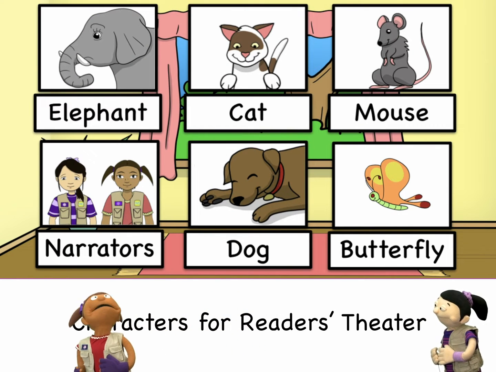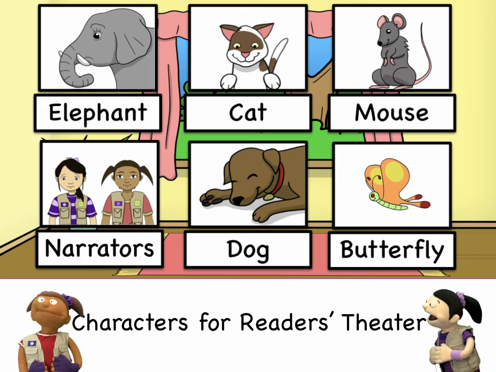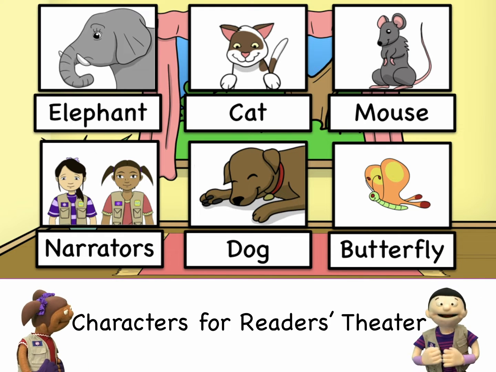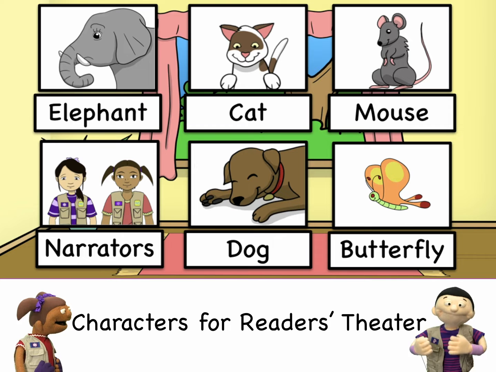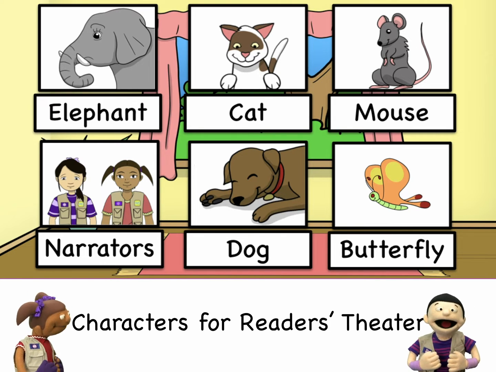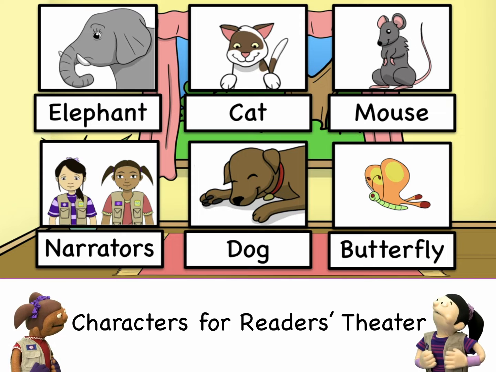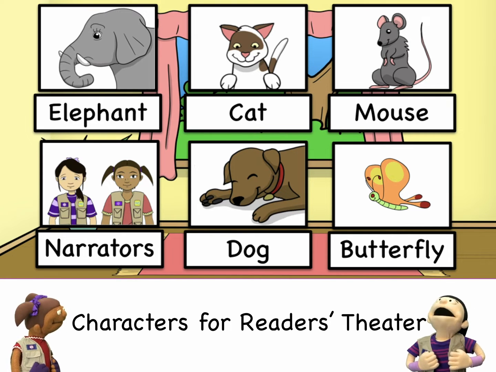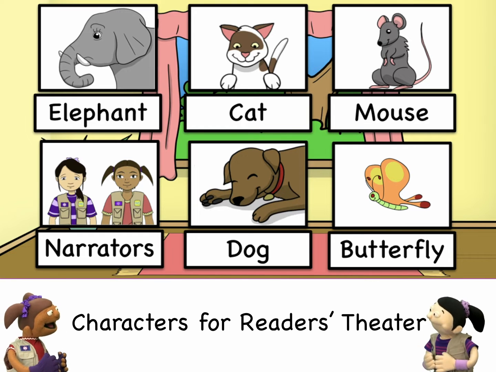What is this page? Here are all the parts that you can play in the reader's theater. First, we have to decide who will read each part. Somebody has to be the narrator, and other people have to be the animal characters.